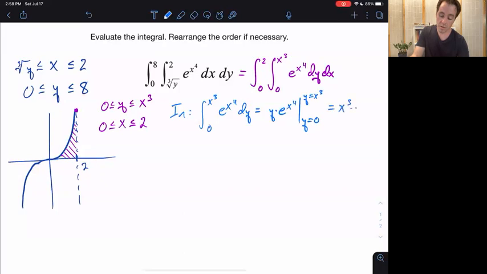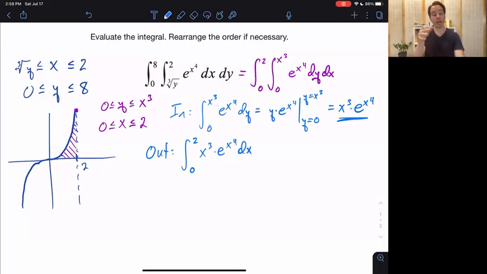This is x to the third times e to the x to the fourth. The 0 version has a value of 0. So this is the result of the inner integral. The outer integral is going to be the integral from 0 to 2 of x to the third times e to the x to the fourth. And look, like magic, we have that integral that we wanted for the x because now the du is there.